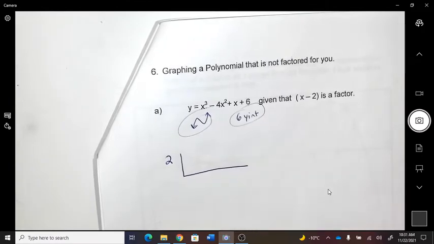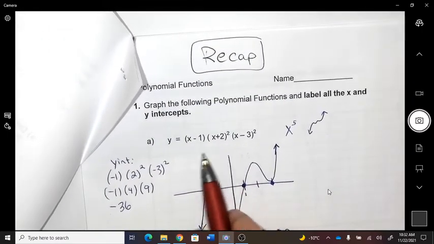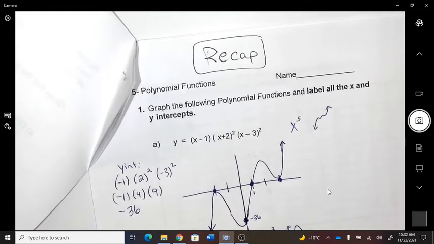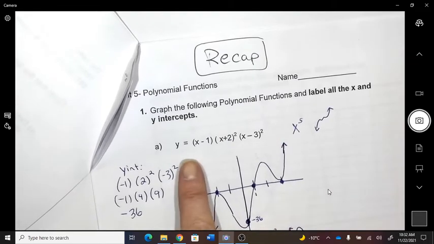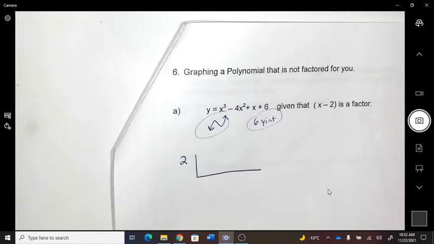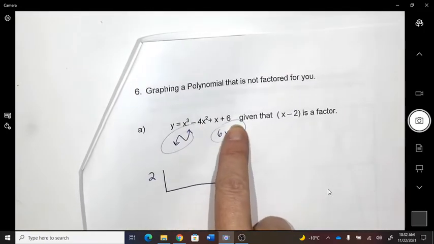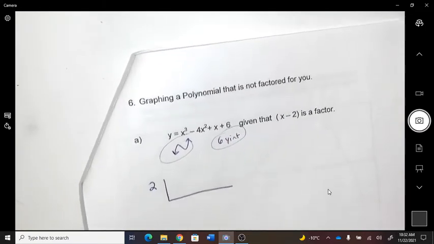Do you understand that if I was to FOIL this whole thing out, the result would be that I would end up having to multiply x 5 times? Does that make sense? So look at the two forms. This is already expanded out versus the other one was in a factored form.